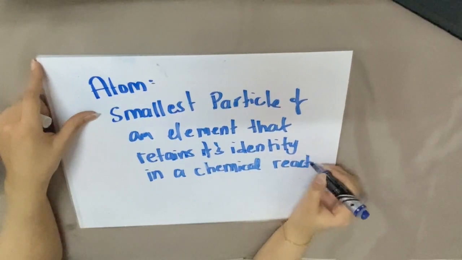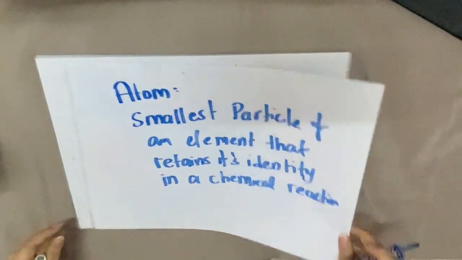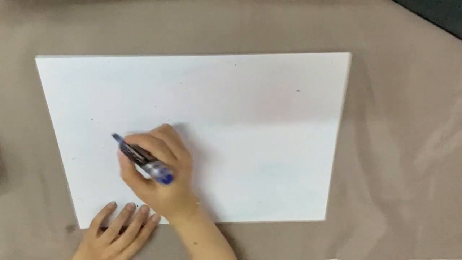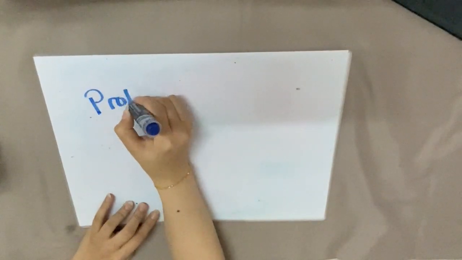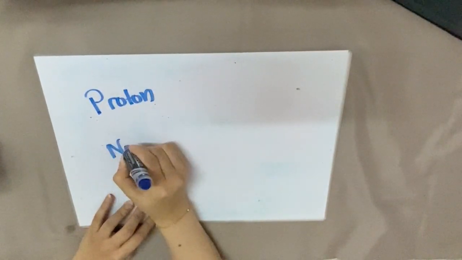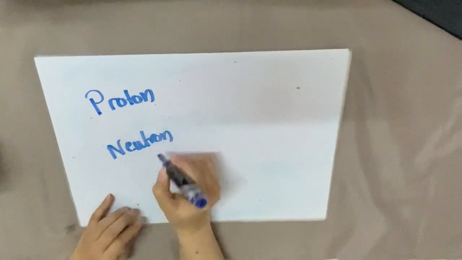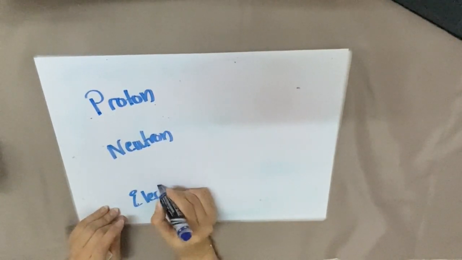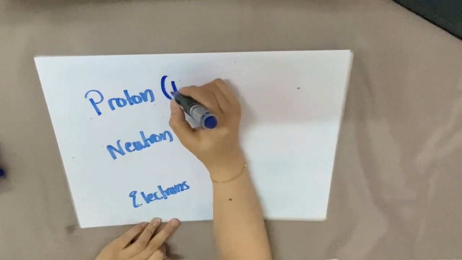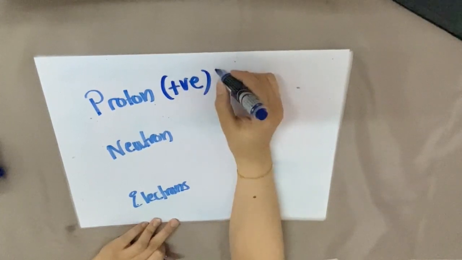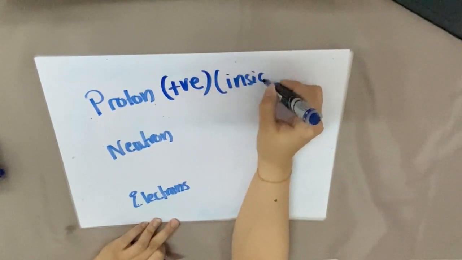Okay, let's see. The three parts of an atom are protons, neutrons, and electrons. Of course, protons are positively charged and are located inside the nucleus.